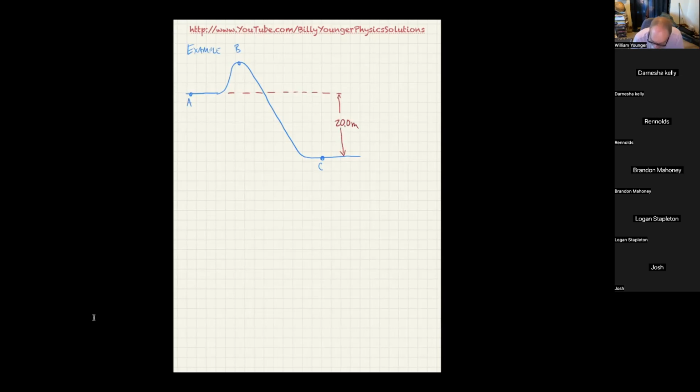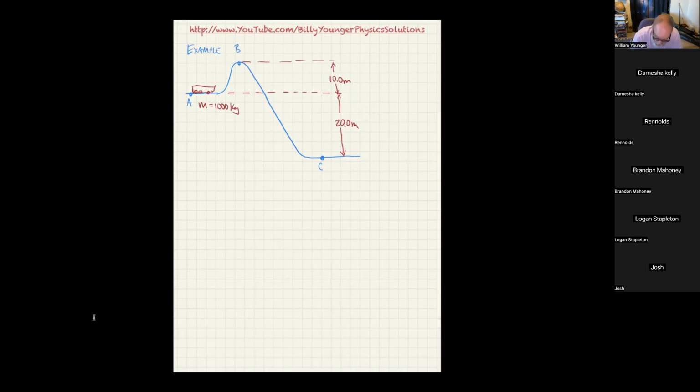And let's say the height from here to here is 10.0 meters. And let's say we have a little roller coaster car right here, and its mass is equal to 1,000 kilograms.